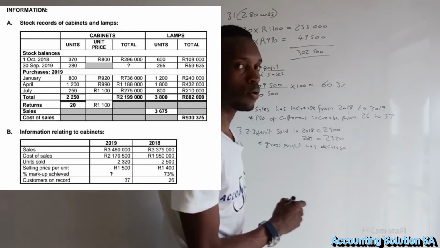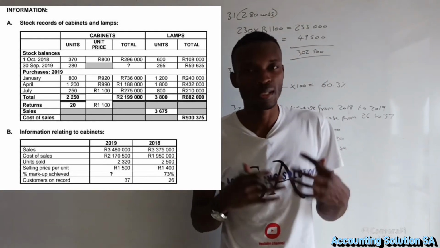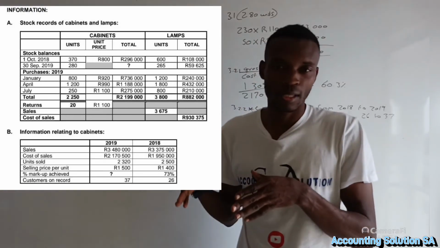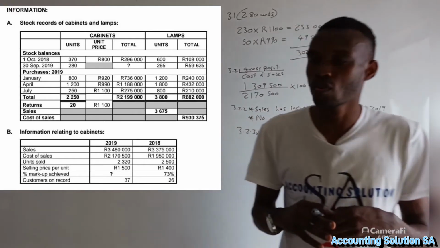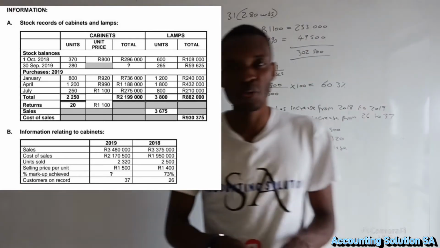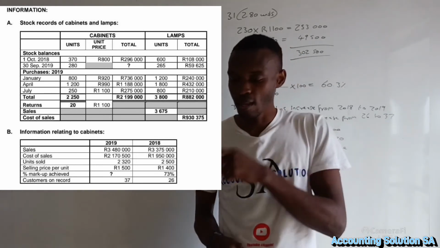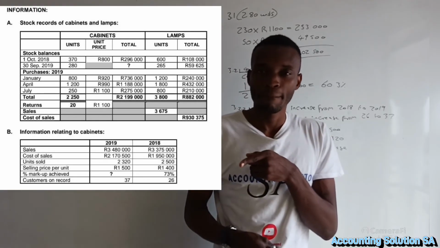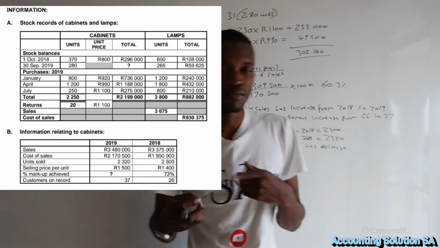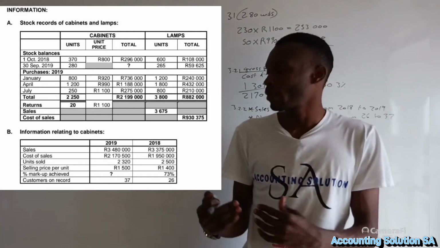The figures are not really necessary, guys, as long as you understand the principle that you have to apply, because they're not going to repeat the same numbers, but they are going to repeat similar content. So you also have to check if the gross profit increased or decreased. As you can see on this question paper, they didn't give you the gross profit, which means that you have to calculate it on your own and do what?